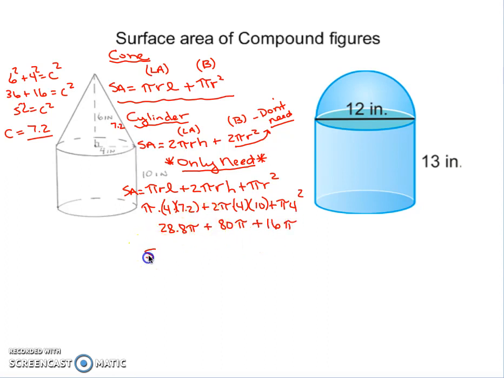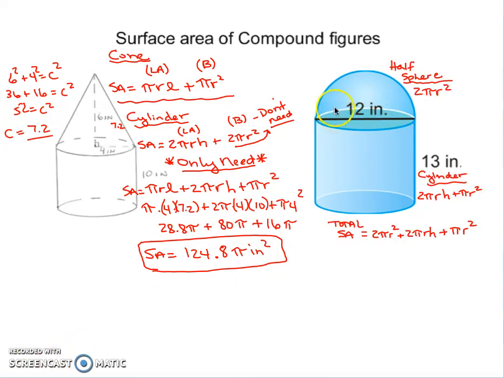So then we're just going to add all those together to get our surface area for the cone and cylinder put together, and that would be 124.8 pi. We are working with inches here, and since it's surface area, it's going to be inches squared. So surface area for this figure is 124.8 pi inches squared.